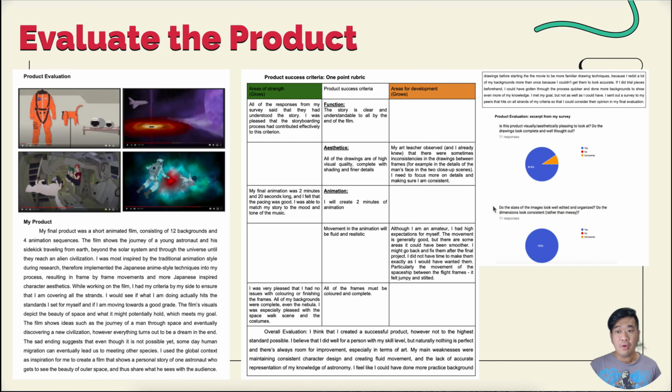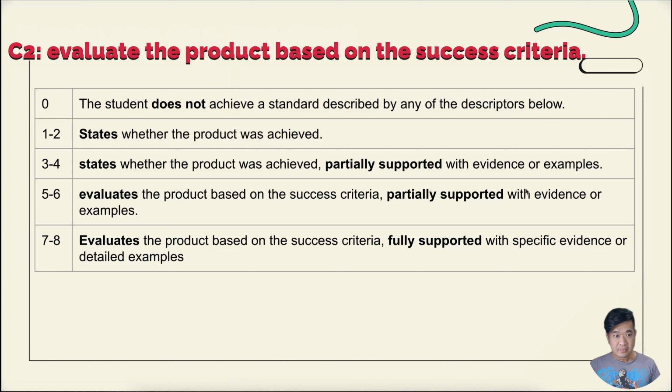So overall, you need to make sure that there are some things you want to talk about that relate to the success criteria. Did your success criteria become successful, or did it fail? Now let's look into the rubric. For 7 and 8, evaluate the product based on the success criteria, fully supported with your evidence.